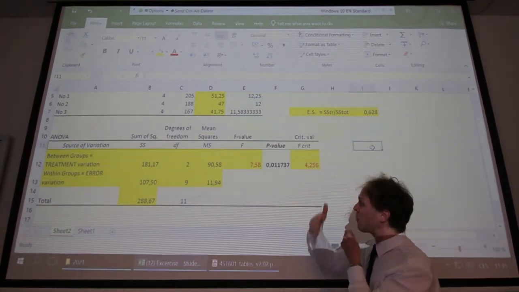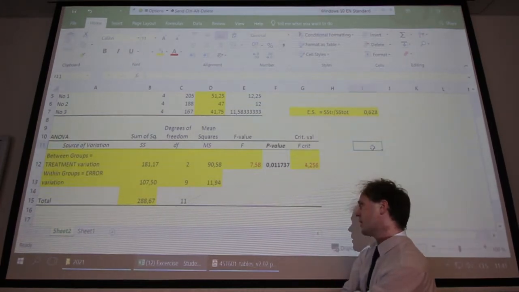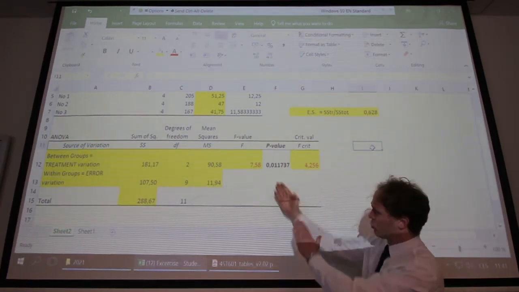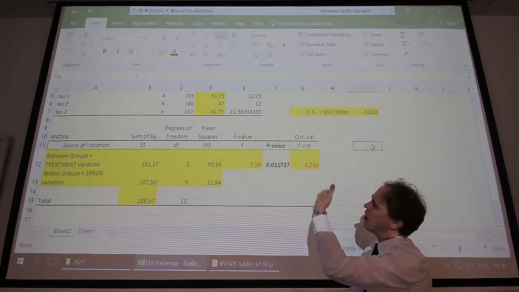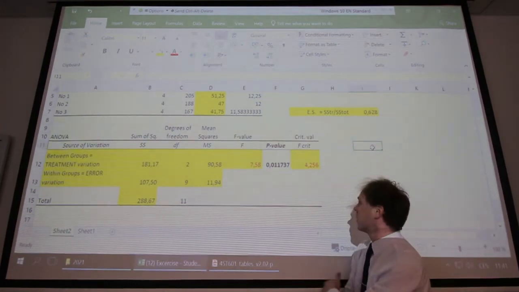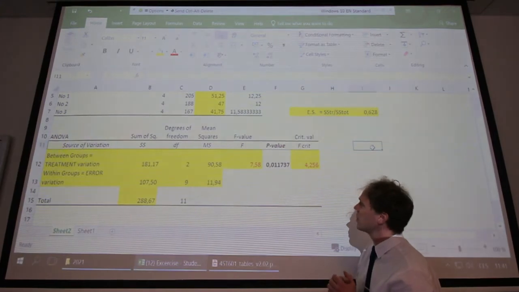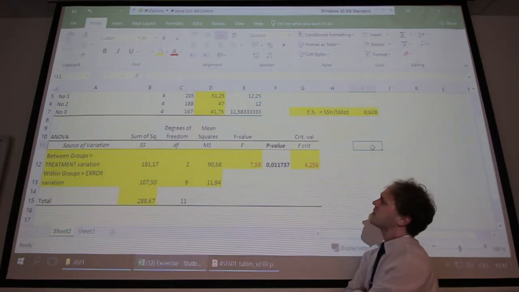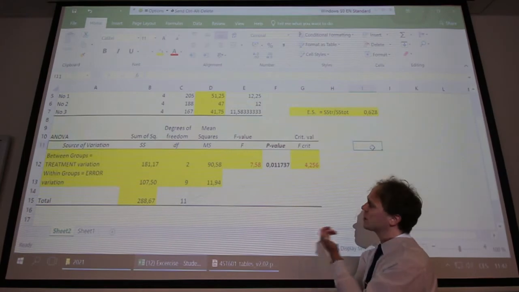One more time, please. If this p-value is higher than 5%, which it is not now because it's 1%, then the zero hypothesis is not rejected. But because this is below the 5% significance level, the zero hypothesis is rejected at the 5% significance level.